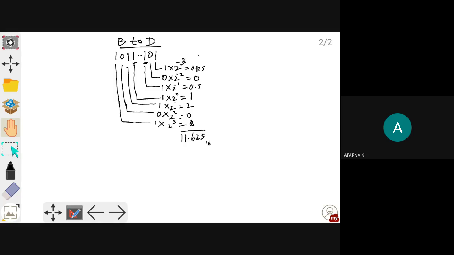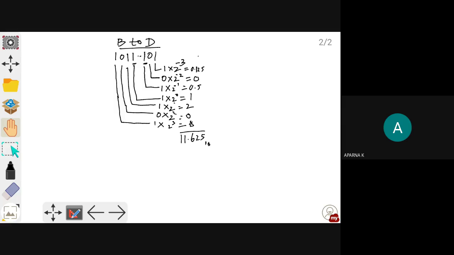And to the left side, you have to multiply it with 2 power 0, 2 power 1, 2 power 2, 2 power 3, and so on like that. You have to add, you get the decimal value. So for 1011.101 binary number, your converted decimal value will be 11.625.